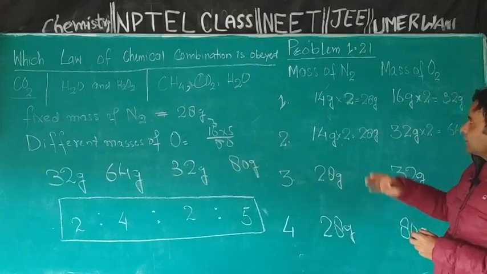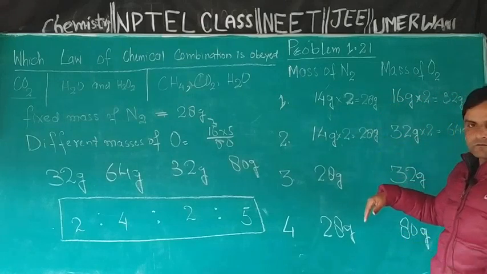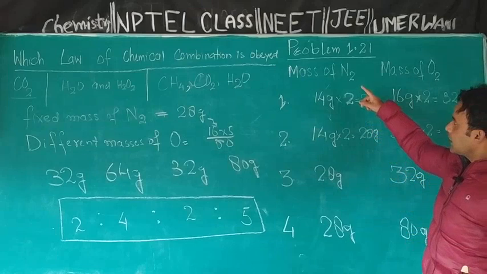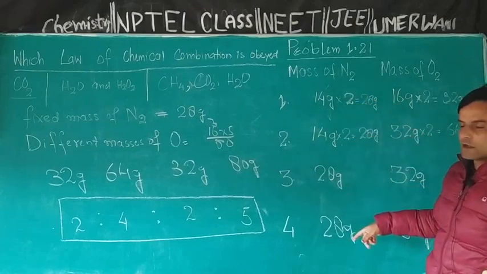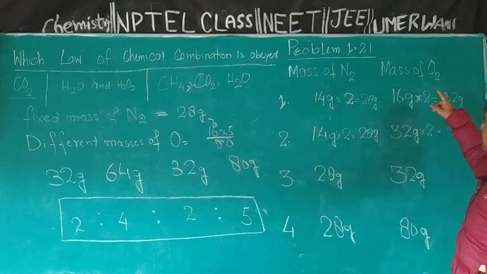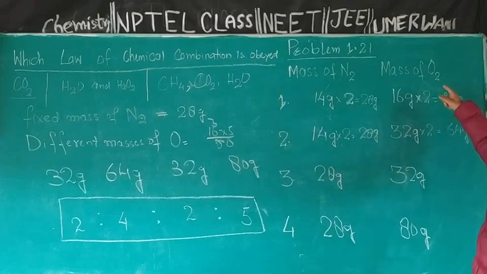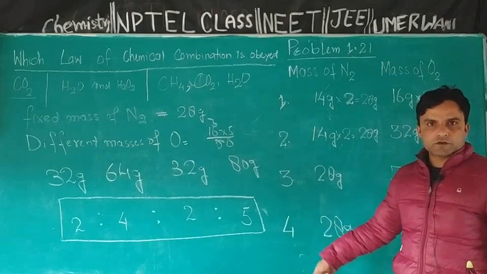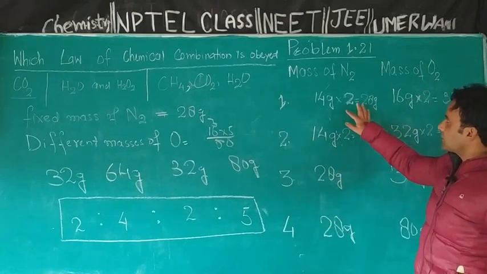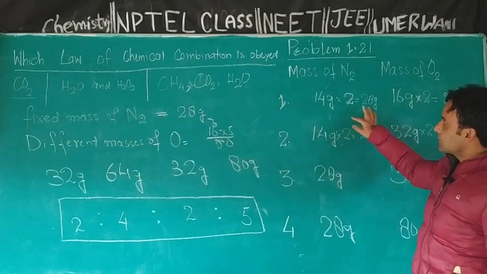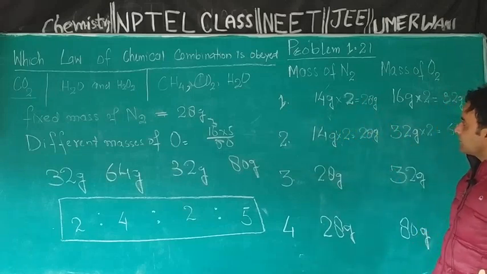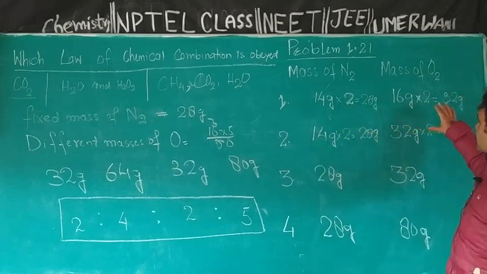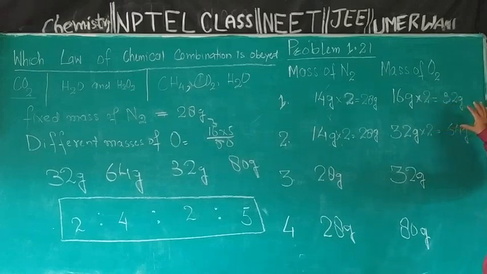What I needed to do now was to fix the mass of one element, that is nitrogen, and find whether the reacted masses of oxygen bear a simple whole number numerical ratio or not. So I fixed the mass of nitrogen in compounds first and second. I multiplied the mass of dinitrogen by 2, and to maintain stoichiometric amounts I multiplied the reacted mass of oxygen also by 2.